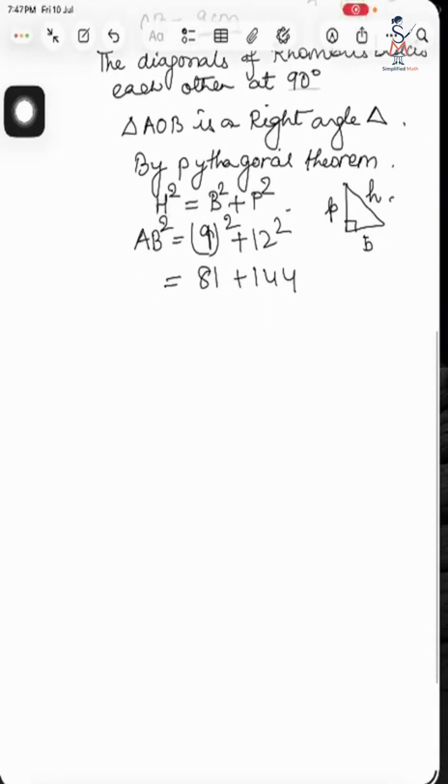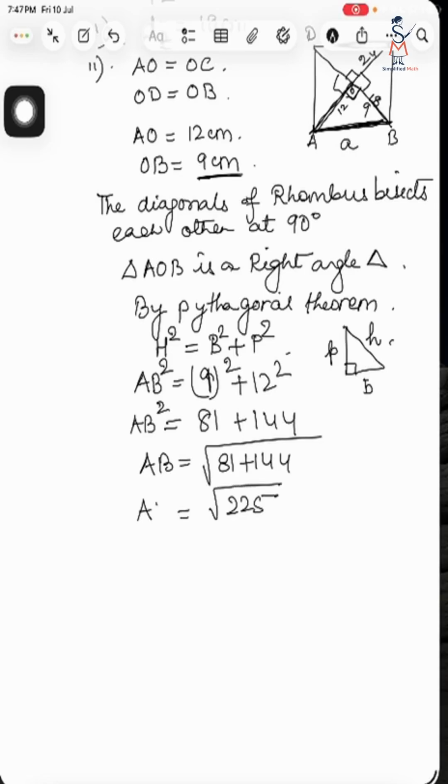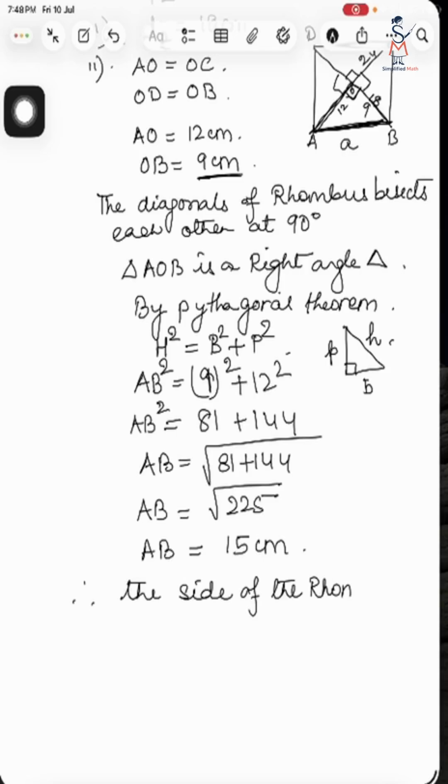So AB will be square root of 81 plus 144, because AB square is this much. So 81 plus 144 is 225. So AB is the square root of 225, which is 15 centimeter. 15 into 15 is 225. So we calculated the side of the rhombus is 15 centimeter.